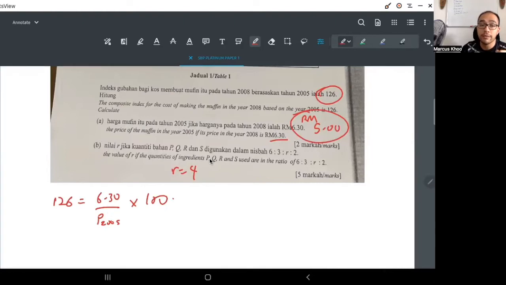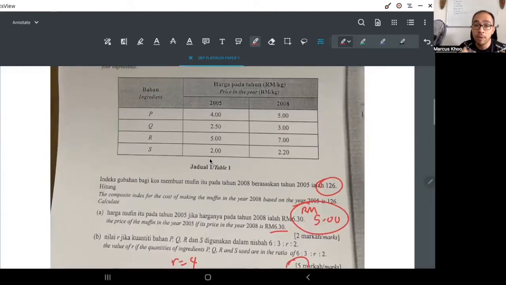Okay. The value of R if the quantities of the ingredients P, Q, R, S used are in the ratio 6, 3, R, and 2. Okay, so this is a 5-mark question for a lot of reasons. Number 1, you have to calculate the price index for each and every one of these.